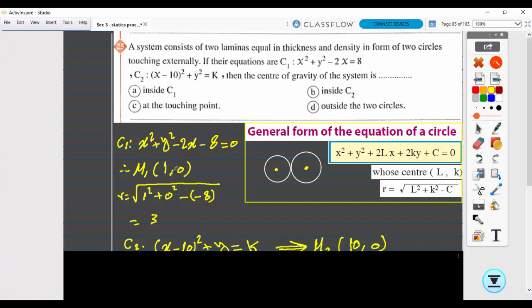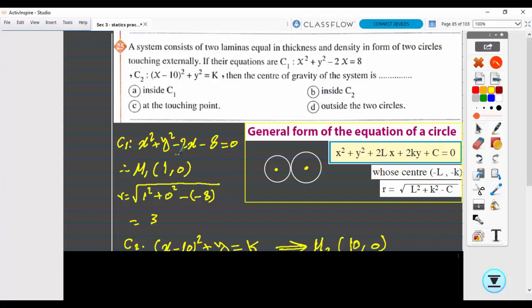How do we get it? Here is the general equation: x squared plus y squared plus 2lx plus 2ky plus c equals 0. How do you deduce the center of the circle? It is the negative half of the coefficient of x and the negative half of the coefficient of y. So negative the coefficient of x divided by 2.